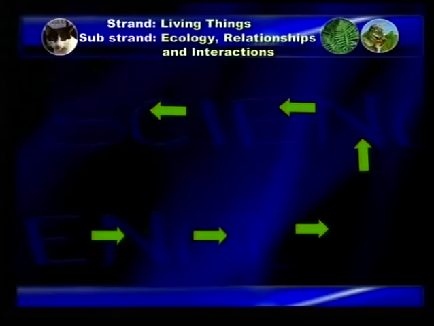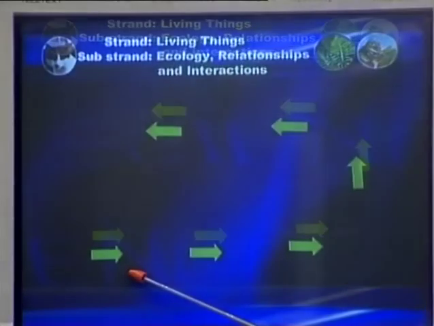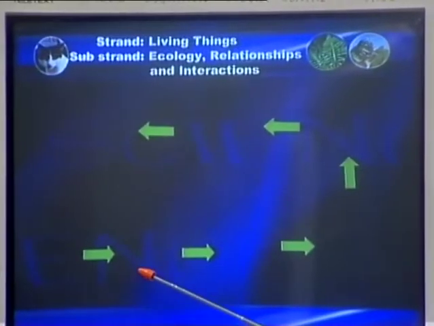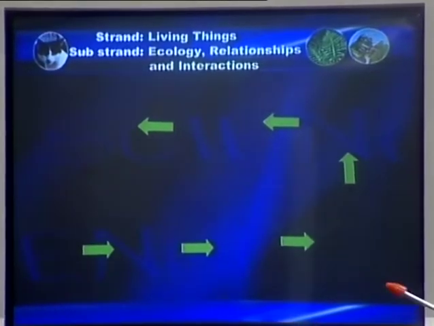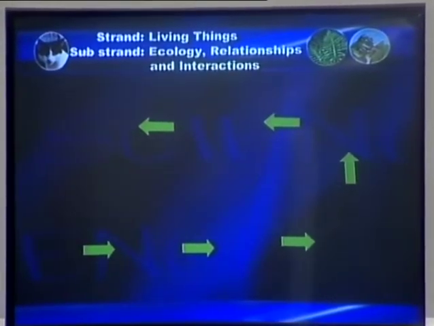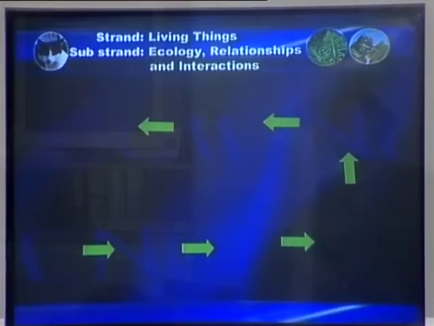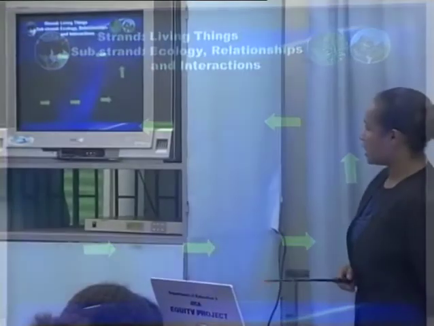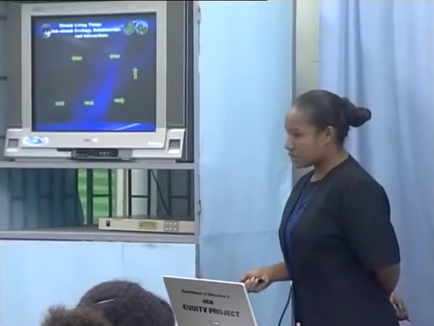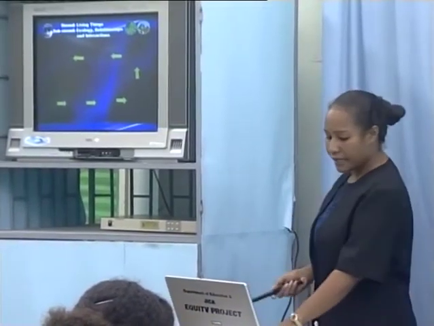All right, you see all these arrows here show the direction in which energy flows or passes from one living thing to another. So in a food chain, you will always see arrows. And what do those arrows mean? Energy passes from one living thing to another.